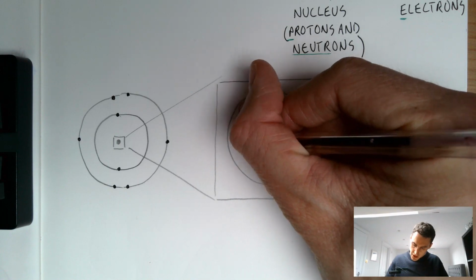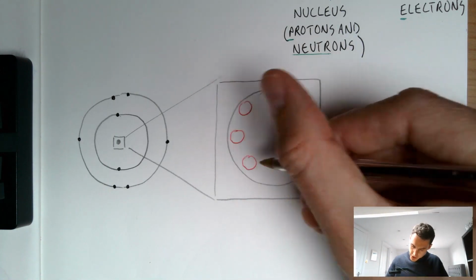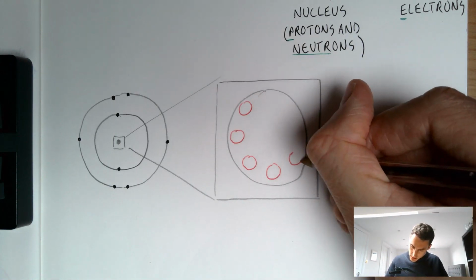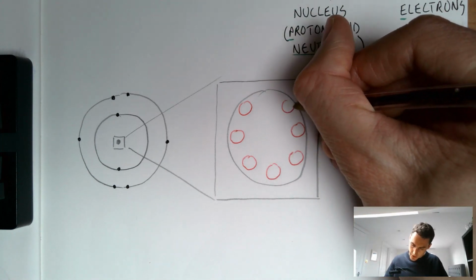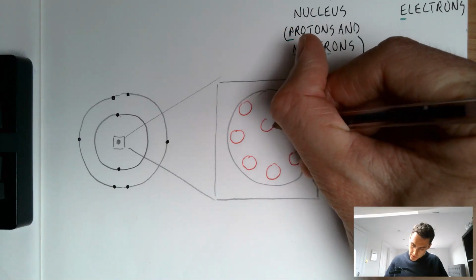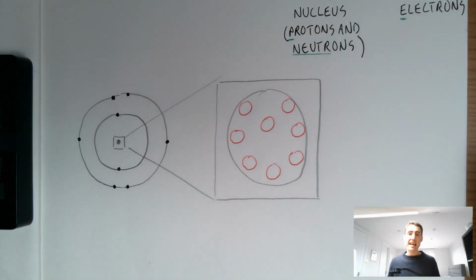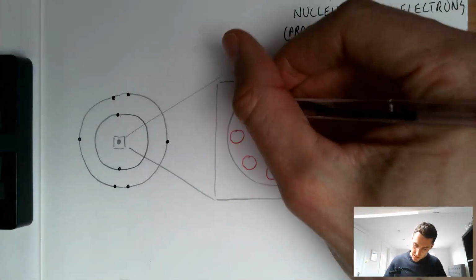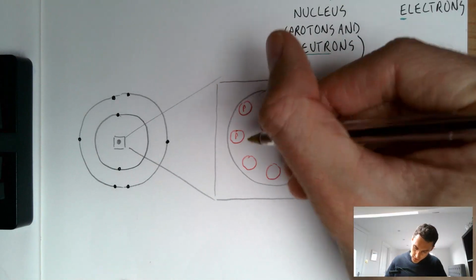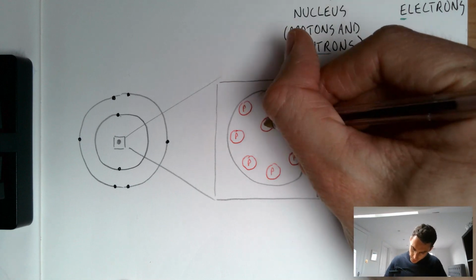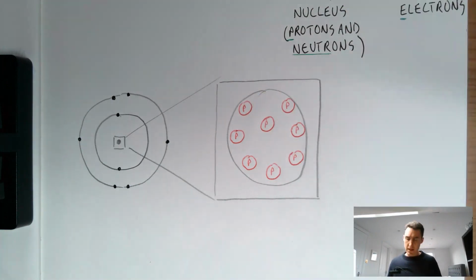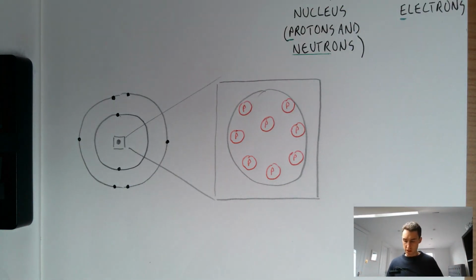So I'm going to sketch some protons, and we can just tell students, actually, we know now, for reasons that they will find out about later, we know that oxygen atoms have 8 protons inside their nucleus. So I'm going to label each of these as a proton. I could also do it with a plus, just to emphasize that point about charge. And so I'm going to show that there's 8 protons inside the nucleus.